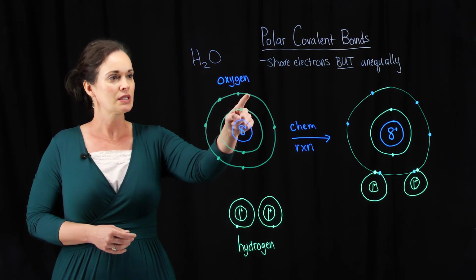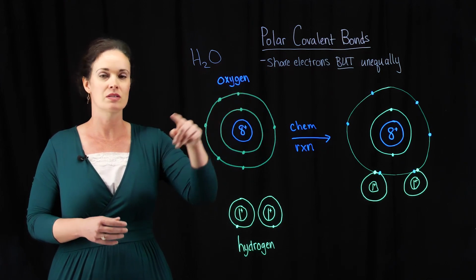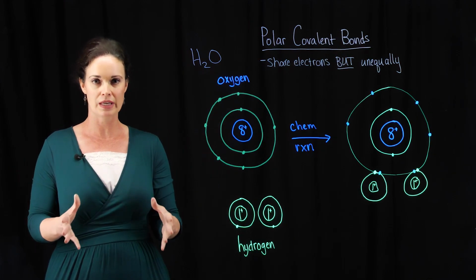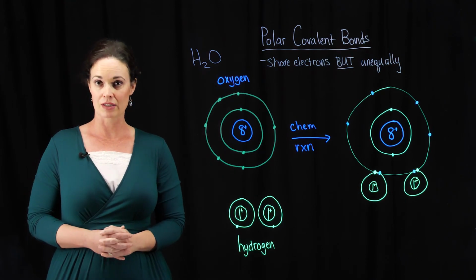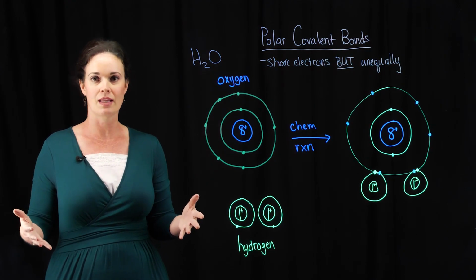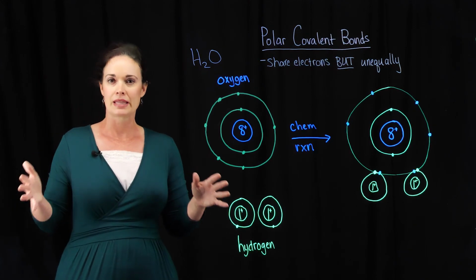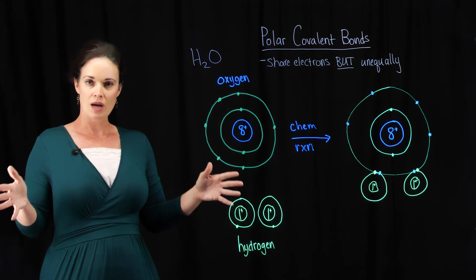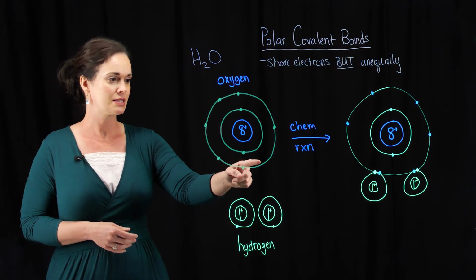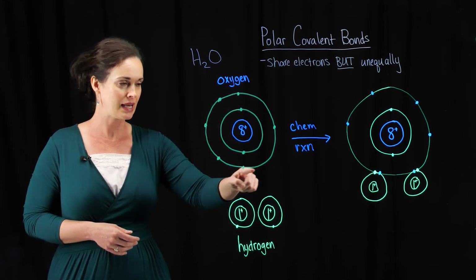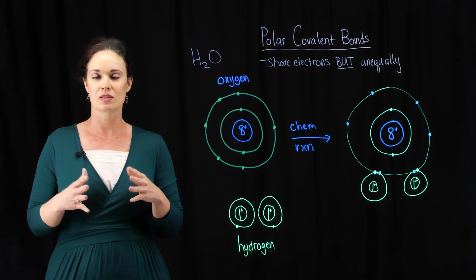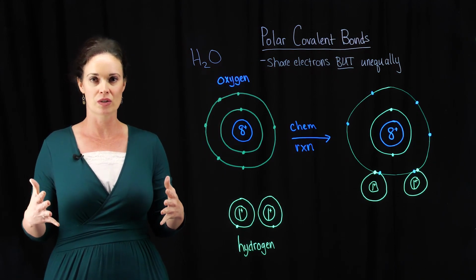You also learned that the shells after that, so the outer shells, which are known as valence shells, can hold 8 electrons. And they want to hold 8 electrons because when an atom has 8 electrons in that valence shell, that's what makes it most stable. So oxygen's problem is it does not have 8 electrons. It has 6. And so it's not as stable as it could be.